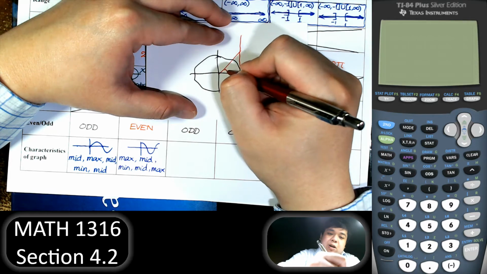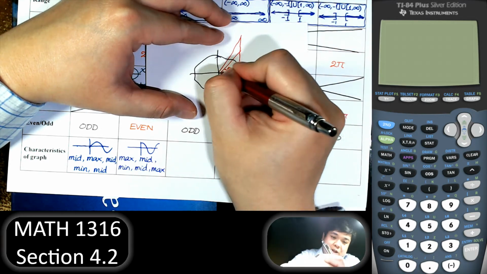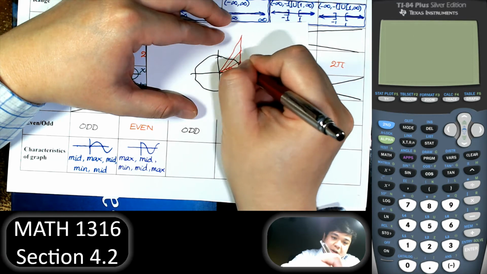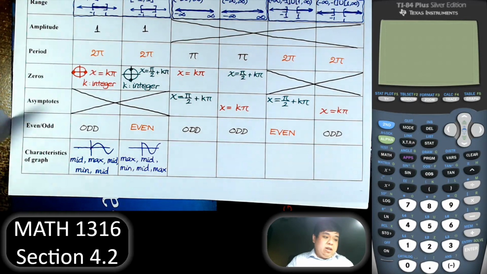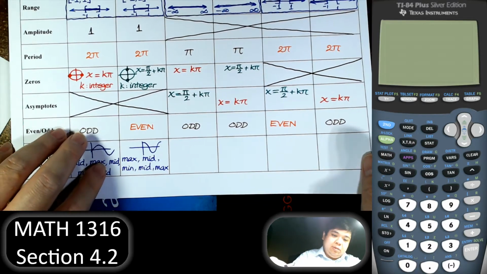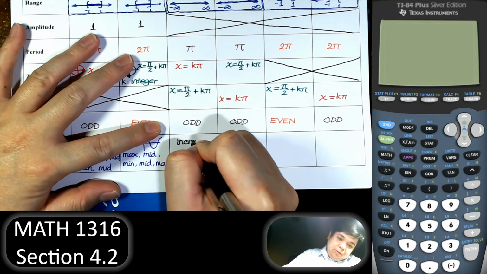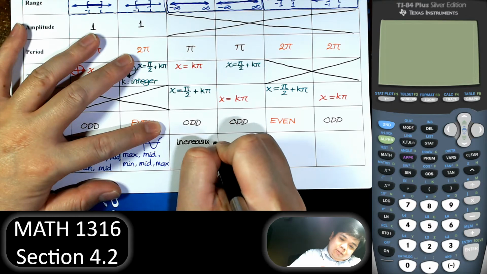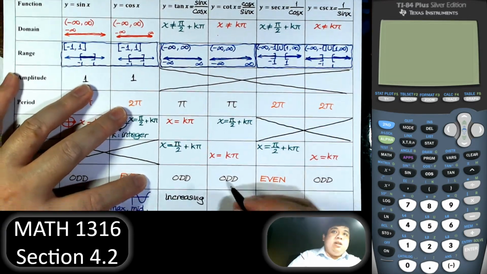So the bigger the angle, the bigger the value. So the origin tangent is 0, and then it just keeps increasing. So the values just keep increasing. So the tangent is increasing throughout. And cotangent is decreasing.